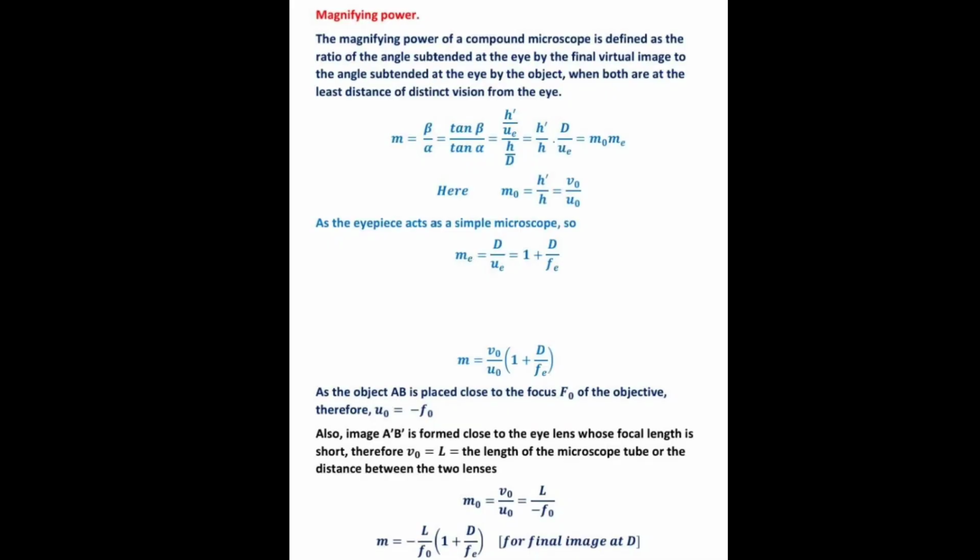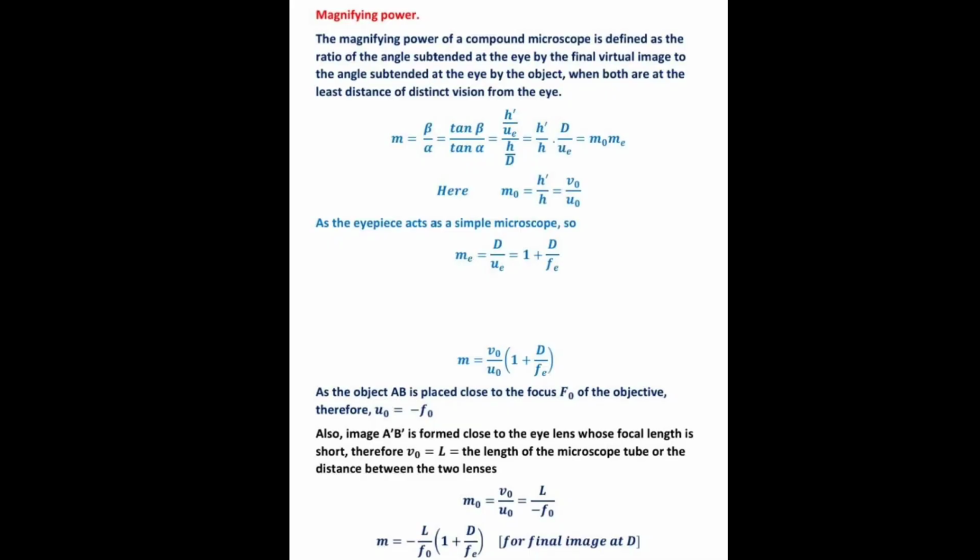Here we replace m0 by again putting the value h' over h, and h' over h for the lenses is equal to v0 upon u0. Why do we put it as v0 upon u0? Because these distances are for the objective lens.